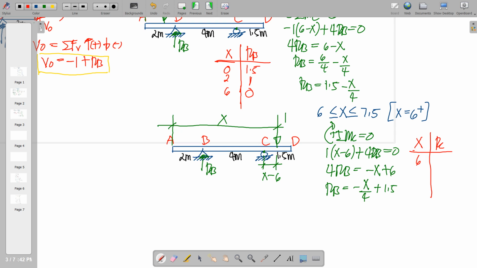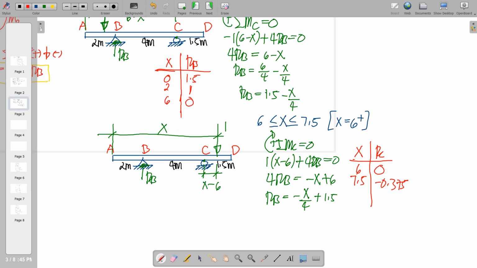So negative 6 over 4 is 1.5 plus 1.5. Still your RC is equal to 0, the same as this one. Okay. And if your x is 7.5, your RC will be equal to negative 0.375.